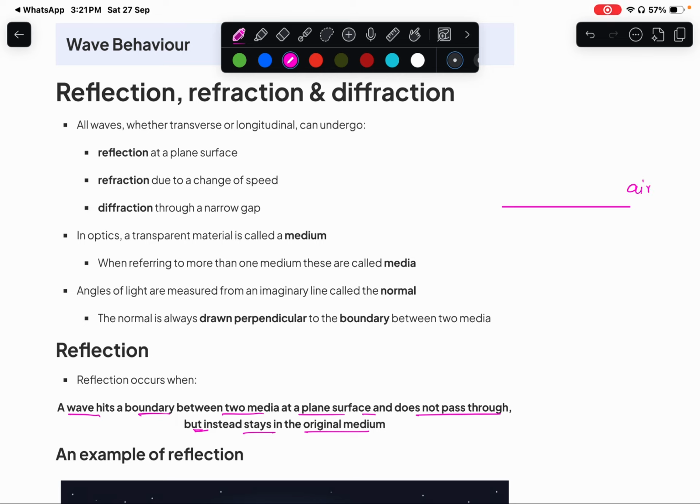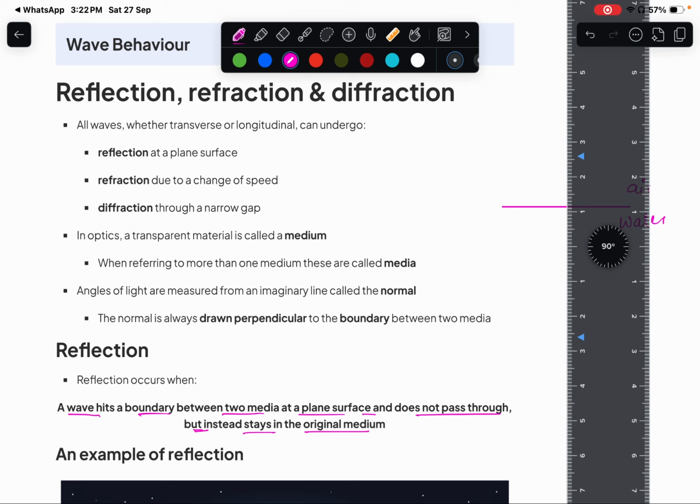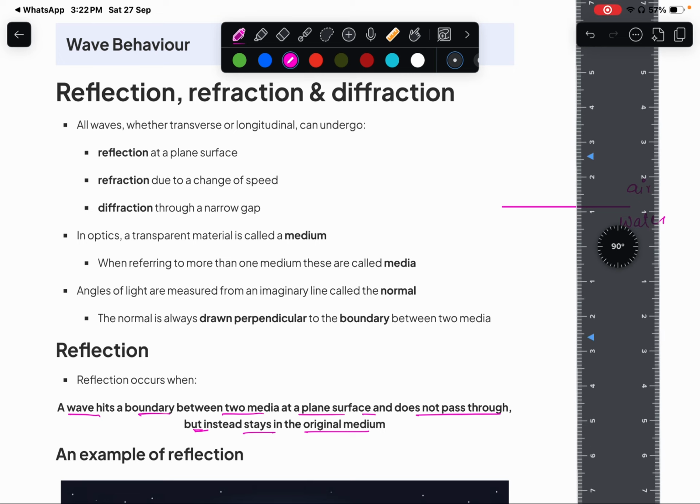Suppose here we have air, and the other medium is water, or it may be glass. The first thing we need to do is draw a normal line. A normal line is a line at 90 degrees to the boundary between two media. So this line is representing a normal line.